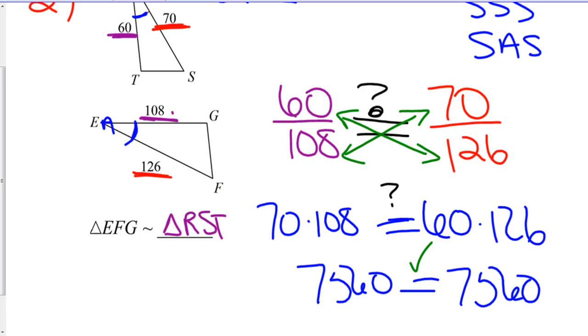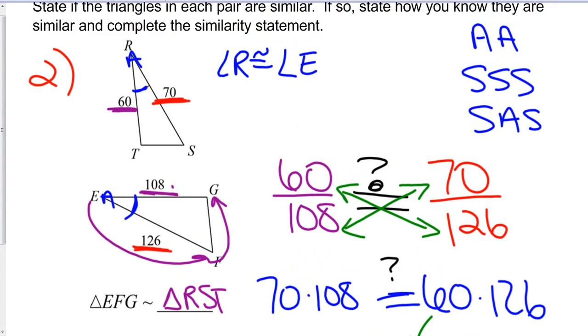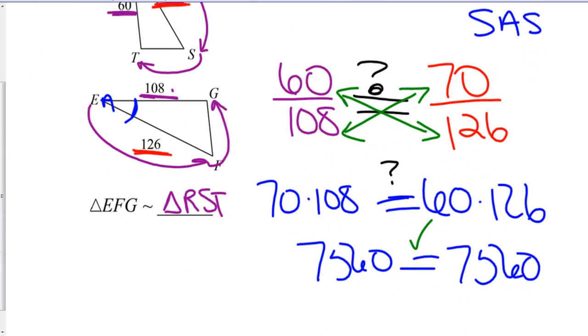If you notice, I went E to F to G, so I went down the longer side first. So I start up at the R, go down the longest side first, R to S to T. So EFG is similar to triangle RST, and it's by side-angle-side similarity. That's how you work through that one.